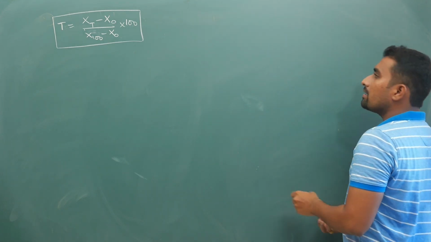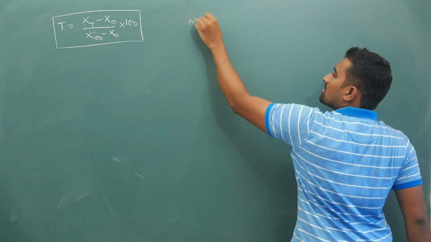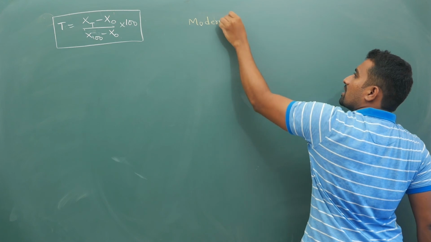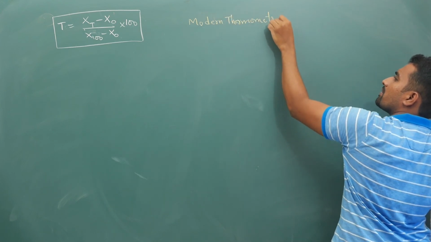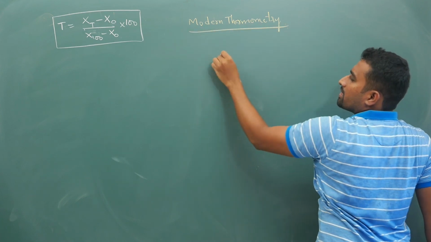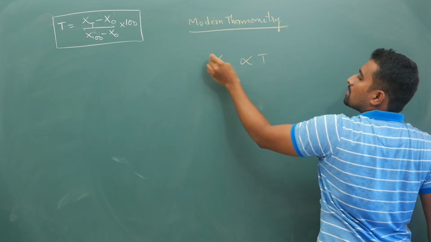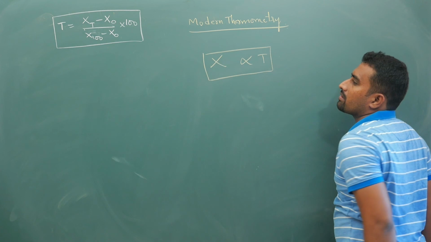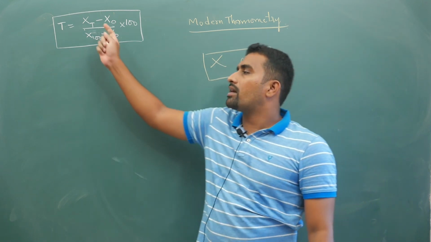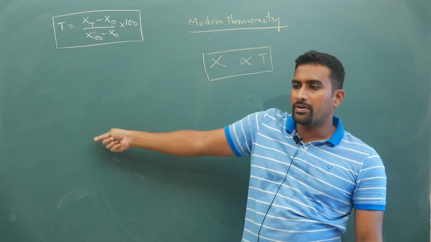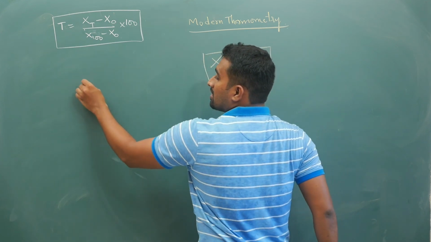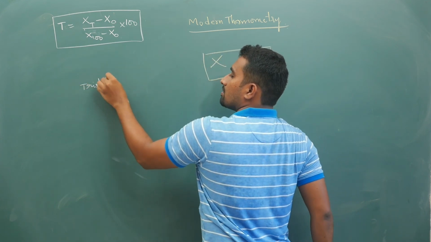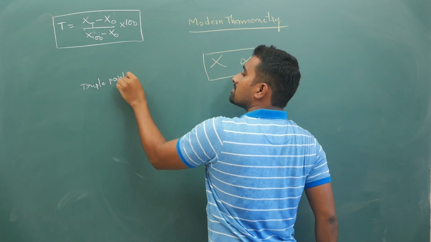Now in modern thermometry, it is also based on your thermometric property being directly proportional to temperature, no doubt about it. But instead of having ice separately and water separately, there is something called a triple point bath cell.